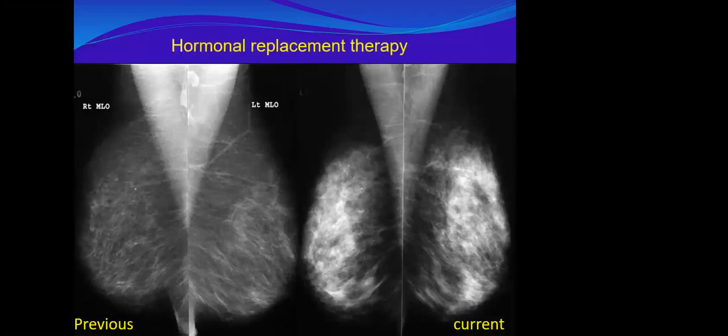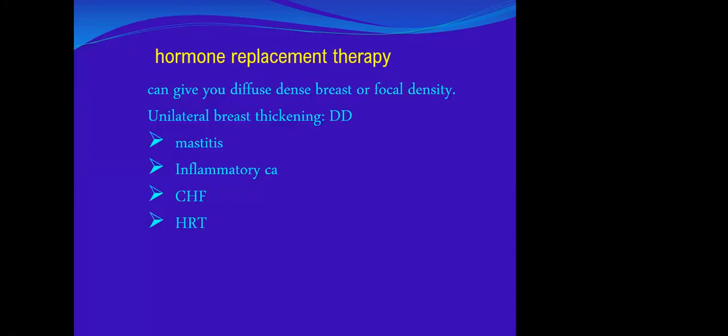This is hormonal replacement therapy, and it will be clear, being globally bilateral, more or less symmetrical, it will be easy. You see, when it is diffuse, dense, but sometimes it can be focal. It can be unilateral. It does not always give bilateral mirror image increased density.